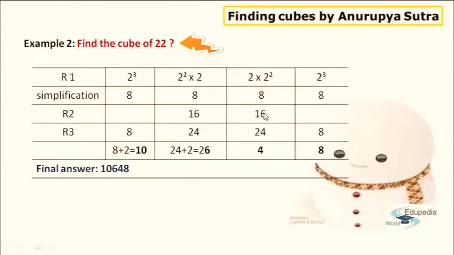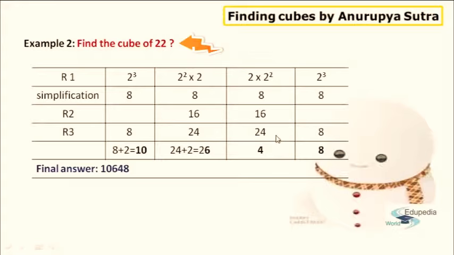After finishing the second row process, moving to the third row, here we have to add up all the answers that we have got in the first row and second row. So here, if we observe, in the fourth part we don't have any other numbers to add, so I have taken the number and written it directly in the answer like this in the third row. Now moving to the third part, here we have two numbers, that is 8 and 16.